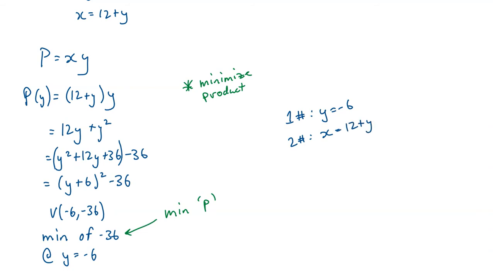This is why let statements are important, because at the end of it, you're like, what am I supposed to find? I'm supposed to find the two numbers. The two numbers are x and y. So I have to find x and y. Y equals -6. What does x equal? I've got an equation that says x equals, and I can solve it because I know what y is. So now I know how to solve this problem.